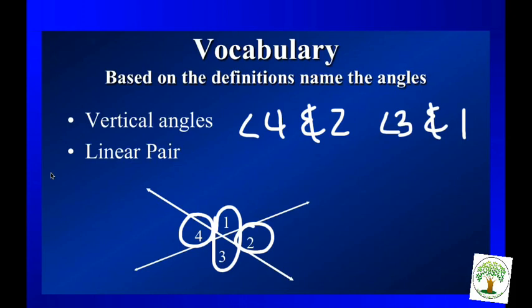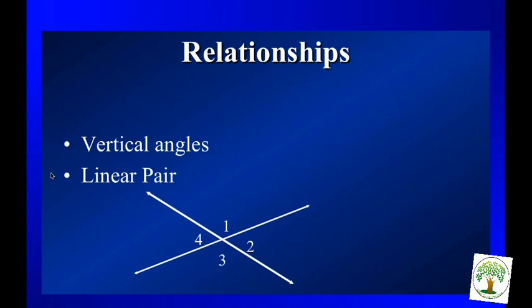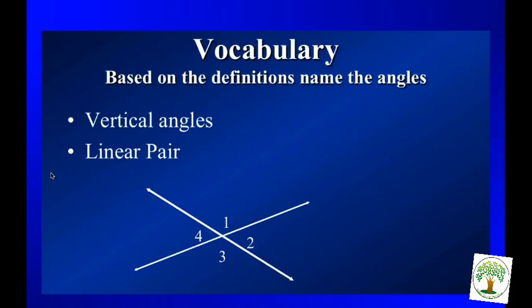The linear pairs are the ones that are adjacent. So 1 and 2. Yes, they are the ones that are adjacent. There's a lot of adjacent ones. 1 and 2 are adjacent. 4 and 3 are adjacent. 2 and 3, yes.